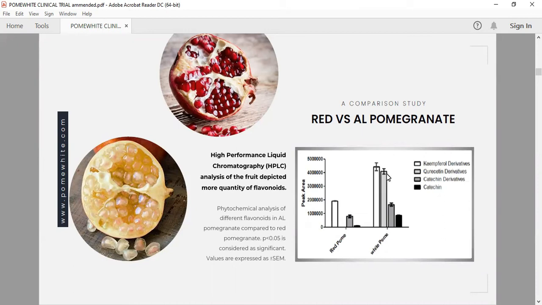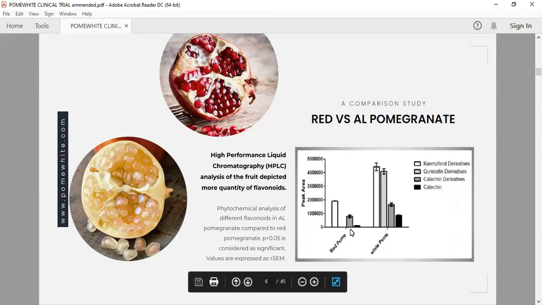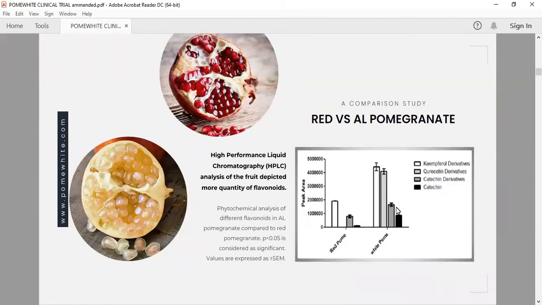range. While in the case of AL pomegranate, they are very high, and quercetin is a very famous antioxidant and a very famous flavonoid related to skin and other organs of the body. Catechin derivatives are also present in lesser amount in red pomegranate, and they are relatively high in white pomegranate.